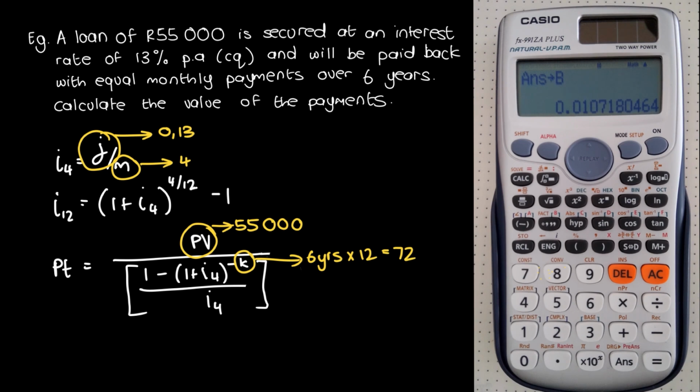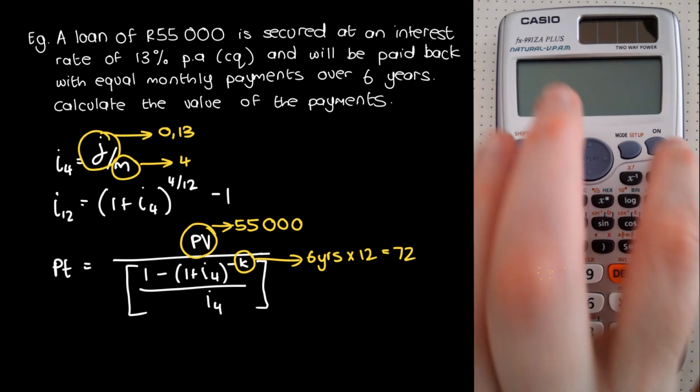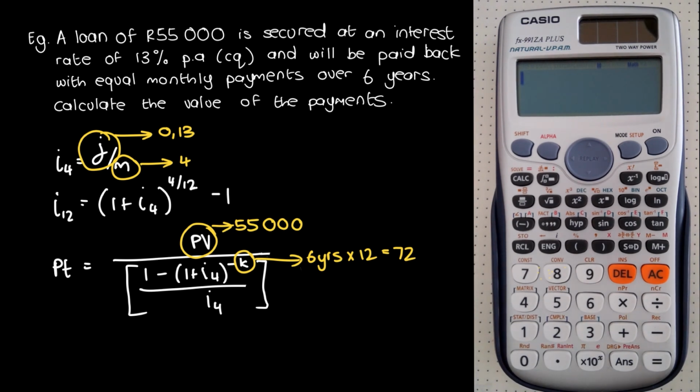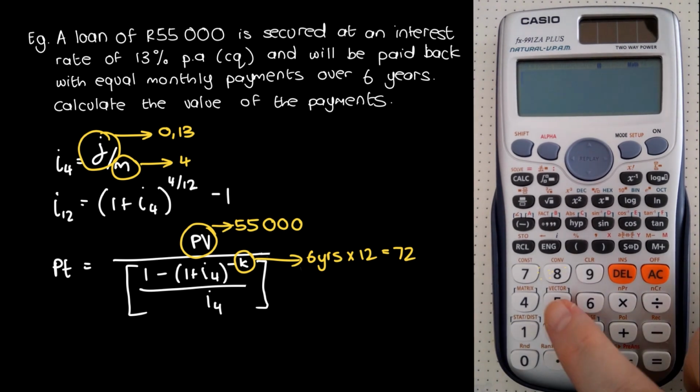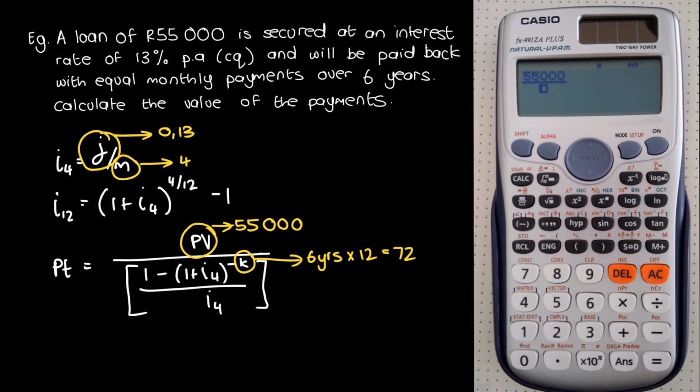And now we can go to working out what our monthly payments are. So to work out our monthly payments, it's going to be the present value, which is 55,000 over, and then we're going to open our brackets because we have 1 minus brackets 1 plus IM close brackets to the power of minus K. So we're going to start by opening our brackets and then saying 1 minus, so everything on the numerator of the lower piece.